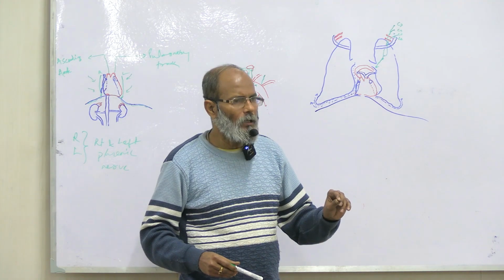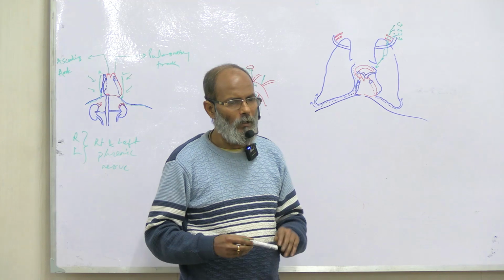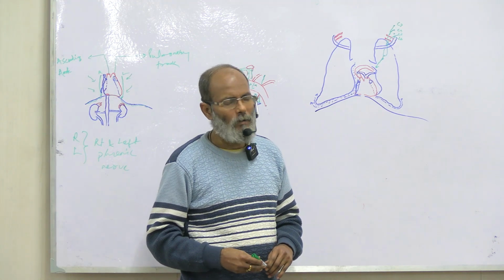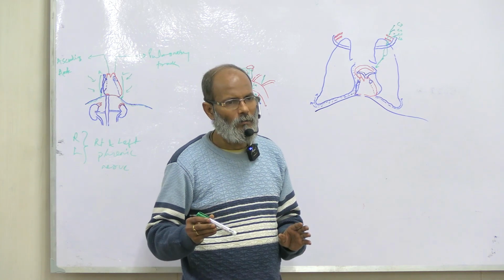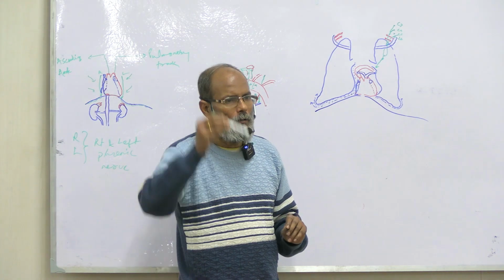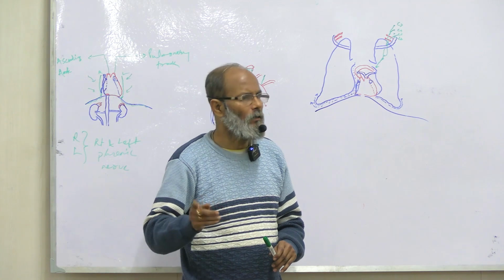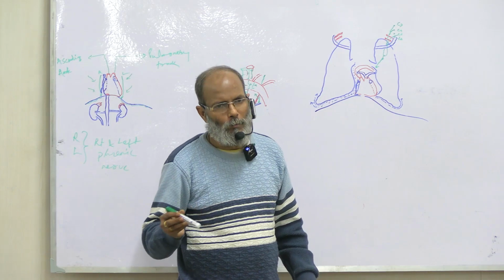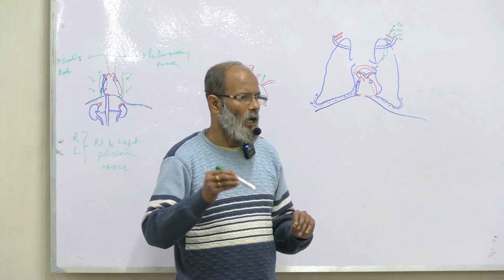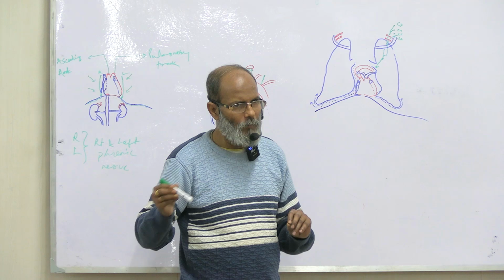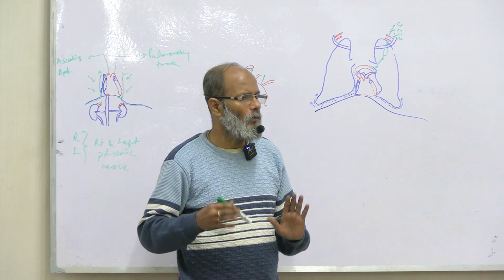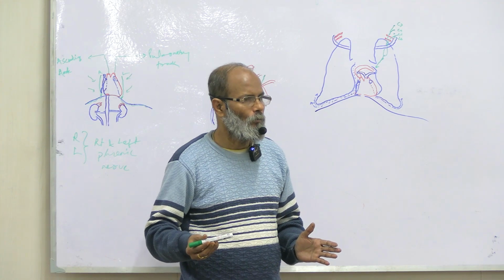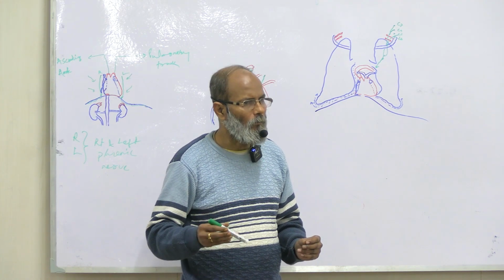If I say any more detail about the right and left phrenic nerve, you will not be able to identify the structures encountered in the course of the nerves. All right. Only that you should remember through which aperture the left and right phrenic nerves enter into the abdomen. And after entering the abdomen, what does it do?